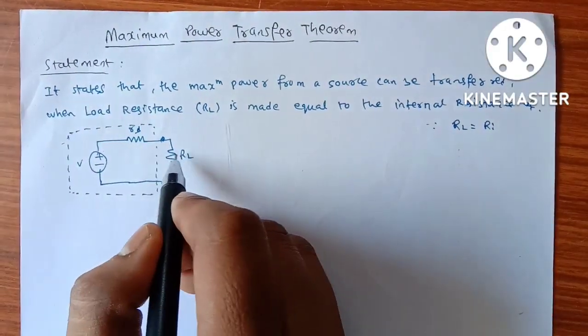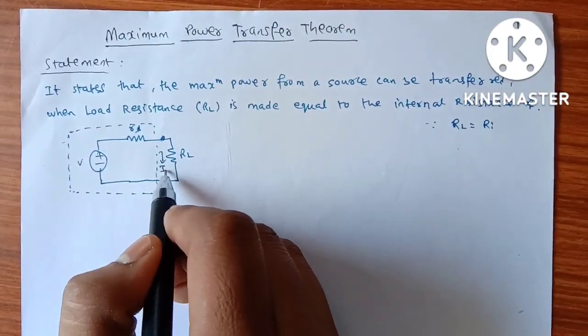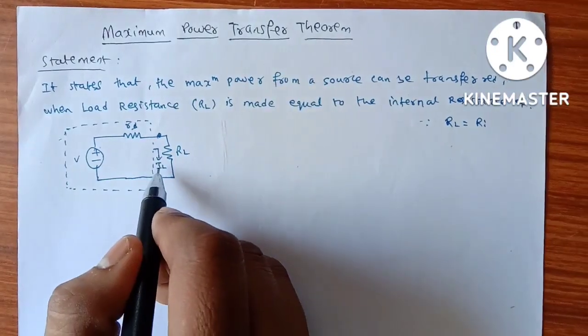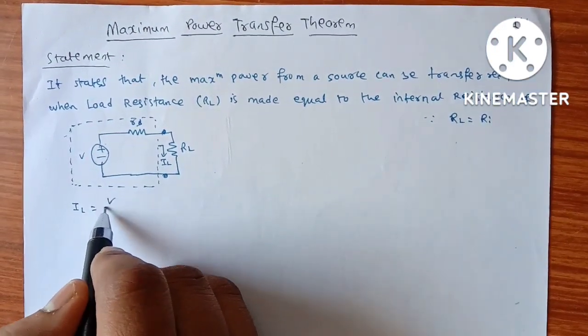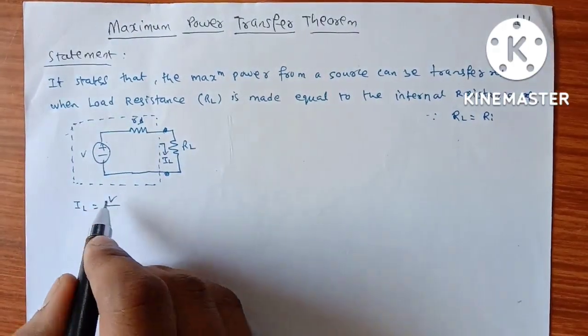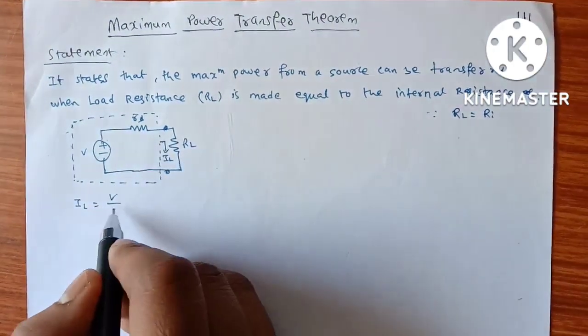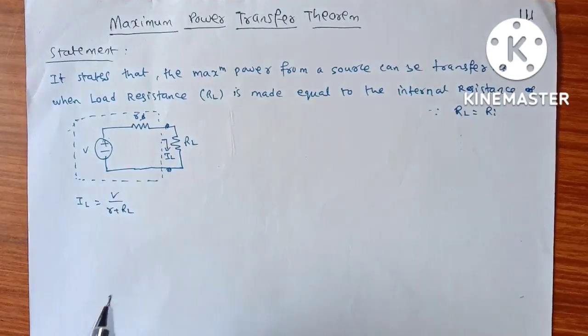Let the current through this RL be IL. If we write IL, then IL is equal to, from Ohm's law, V by R plus capital RL.